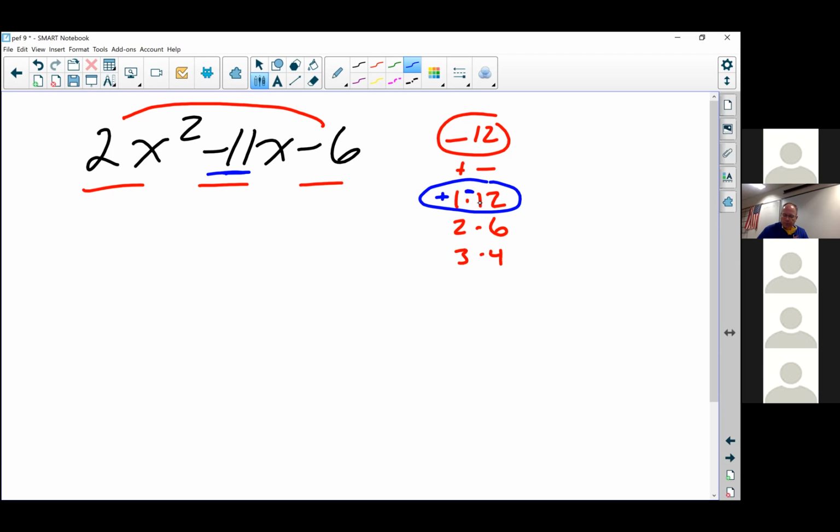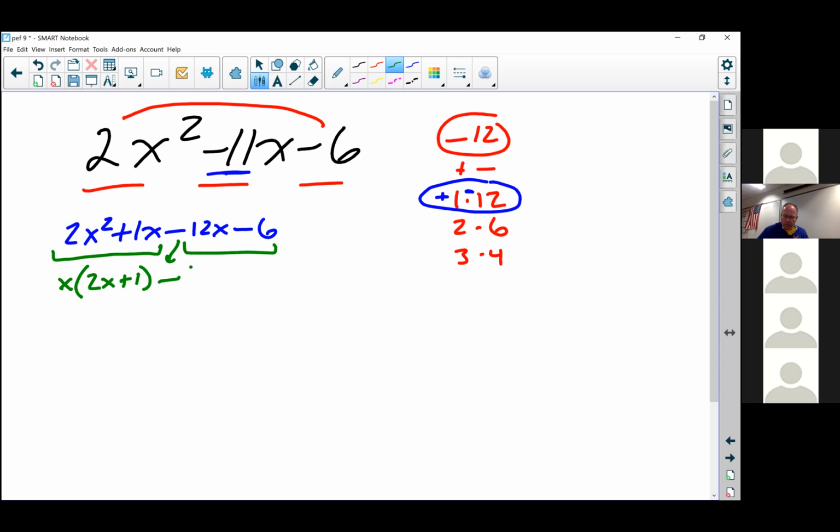That's what I want. So in whatever order I want, I'm going to write down what I just found. So I get that. So now I have 4 terms. I can say, what do I have in common between those? I have an x, and that leaves me 2x plus 1. This sign comes down. I can factor out a negative 6 out of both of those. If I factor a negative 6 out of negative 12, that gives me a positive 2.